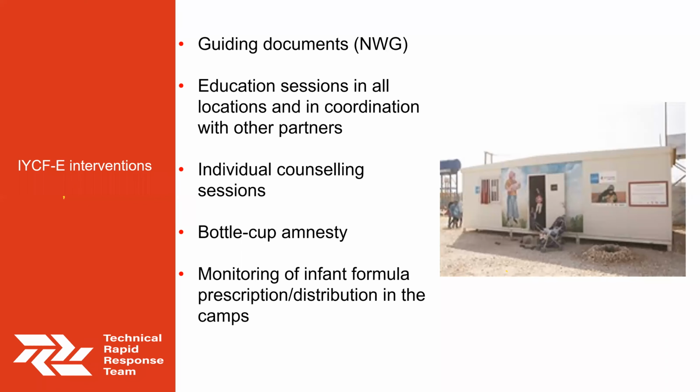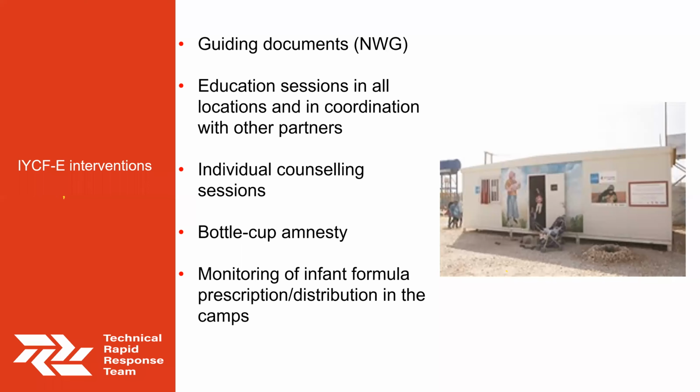So Save the Children was not involved in distributing or procurement of the formula, but we were involved in monitoring how the formula is prescribed and how it's distributed. When we first entered Zaatari, formula was available in the market, and field hospitals were distributing that to all new deliveries within the baby kits, along with bottles and teats.